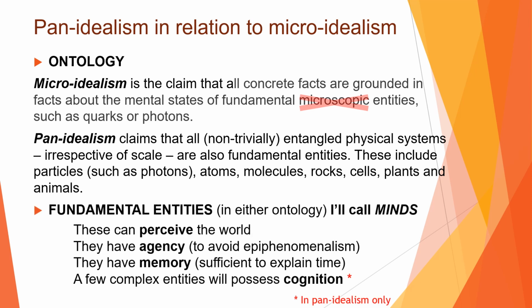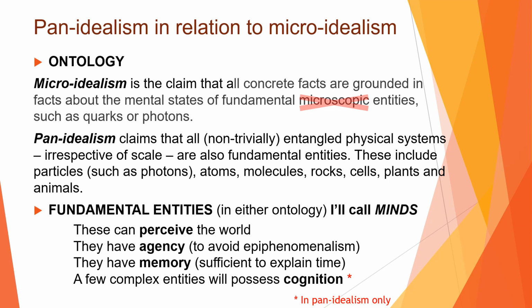The fundamental entities in either ontology are rather generously called minds. These can perceive the world, they have agency in order to avoid epiphenomenalism, they have memory sufficient to explain time, and a few complex entities will possess cognition.